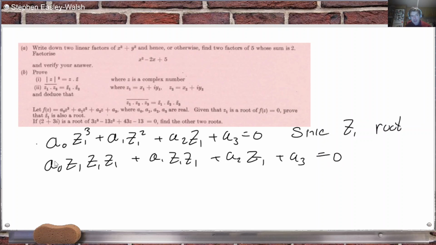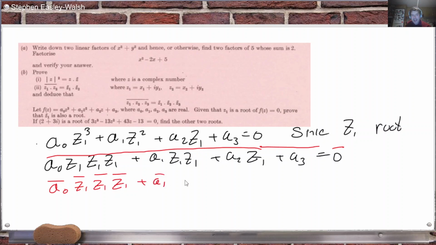So you can say the conjugate of this is equal to the conjugate of that. And you can split the conjugate up. So it's conjugate of a0, conjugate of z1, conjugate of z1, conjugate of z1, conjugate of a1, z1, z1, a2, z1, a3 is equal to 0.